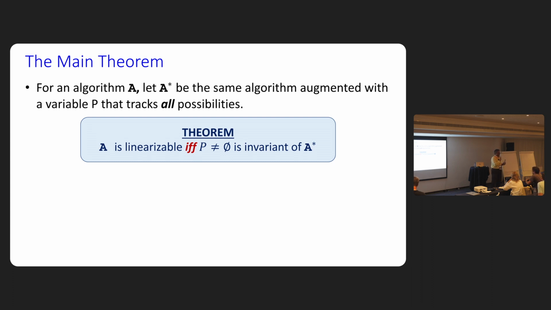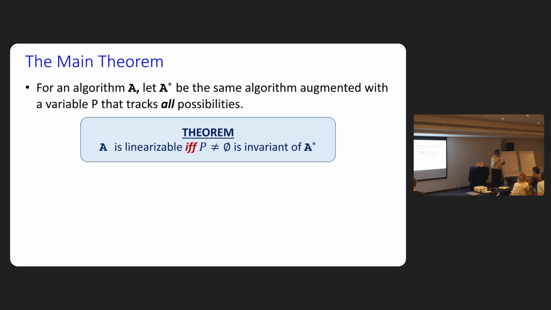When you say it's an invariant, what it means is, when you run this algorithm A star, do you agree that P keeps changing? And it also depends on the run. There are several runs, and in each run, as it progresses, P is changing. So if you say that is an invariant of A star, it means that at every point in time and in every run, P will be not empty.